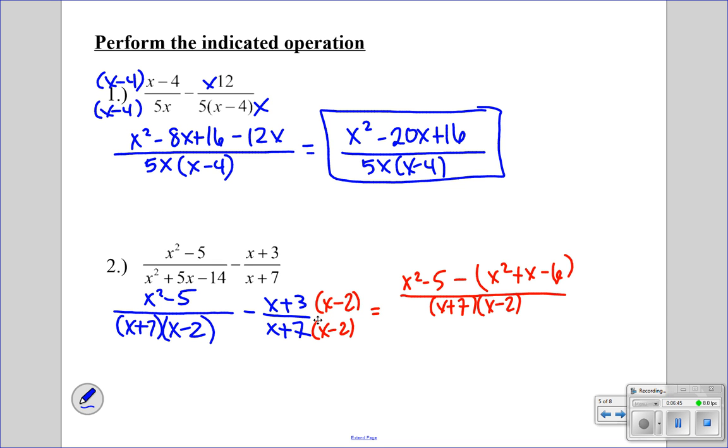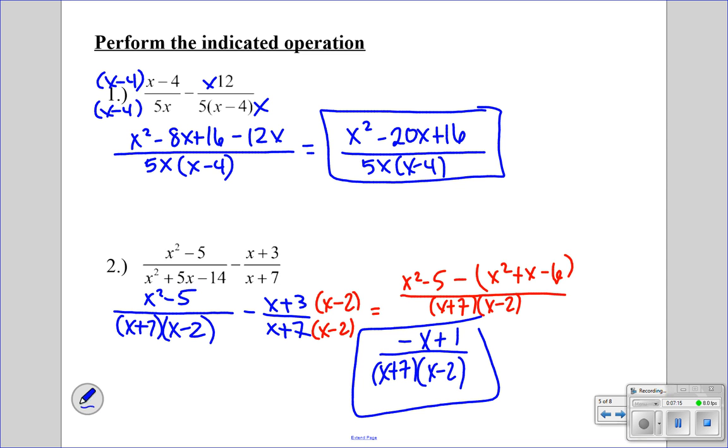So what we're going to end up with is a negative 5. We're going to have an x over, it's a negative x, over x, negative x plus 1 over x plus 7 times x minus 2 when we simplify that one.